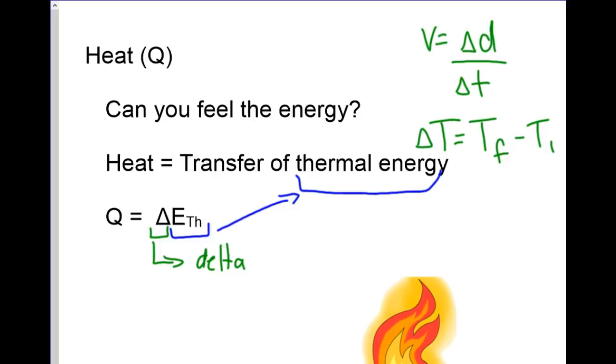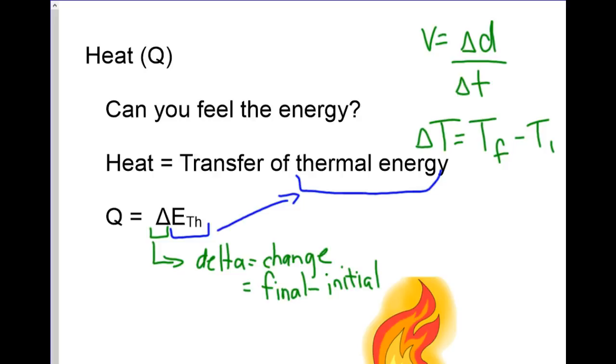Final temperature minus initial temperature gives you your change in temperature. Whenever you see the triangle symbol, it means change. When you calculate change, you always must go final minus initial.